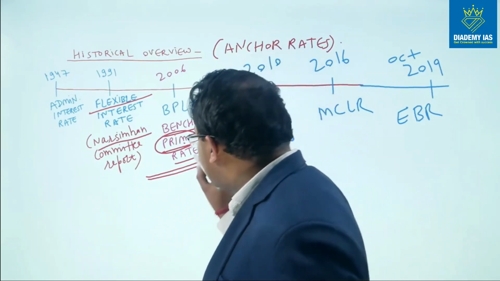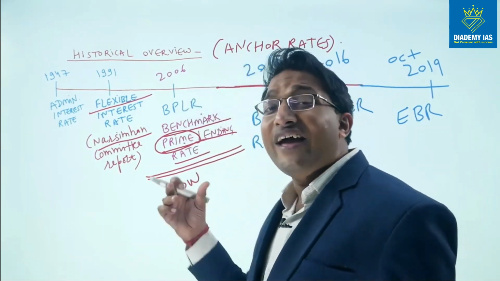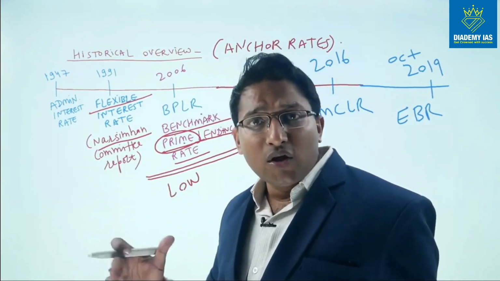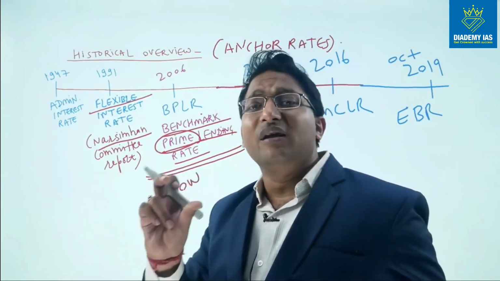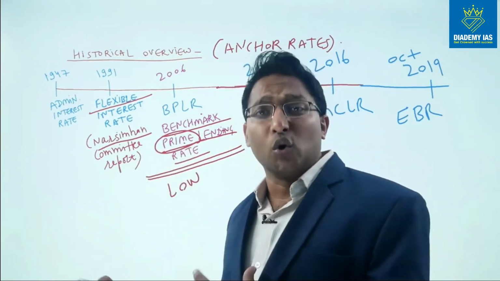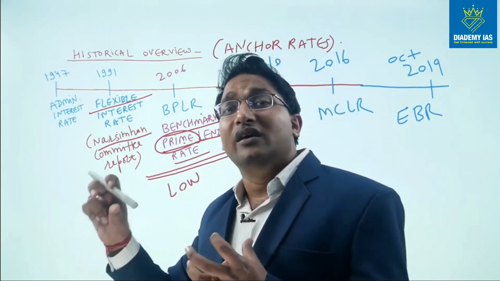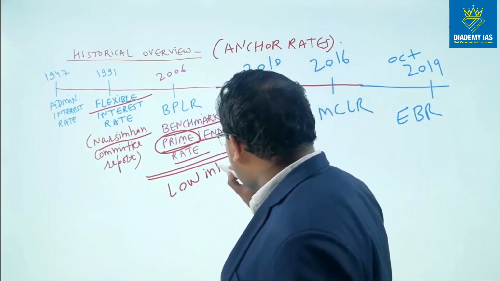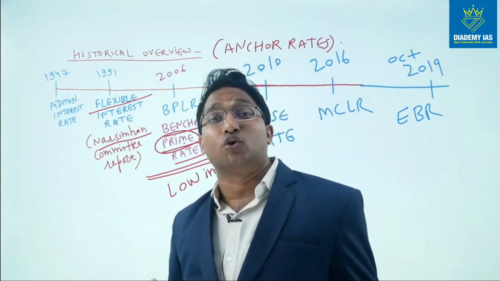So banks will keep this BPLR very, very low, and they will offer the very low rate of interest, maybe 2%, 3%, to the big industries, to the high net worth individuals, because they were the people who were having very good and prime credit worthiness. They were the prime borrowers. So the industrialists, corporates, high net worth individuals, rich people, they will get the loan at a very low interest cost, right? So they used to get loan at a very low interest cost.